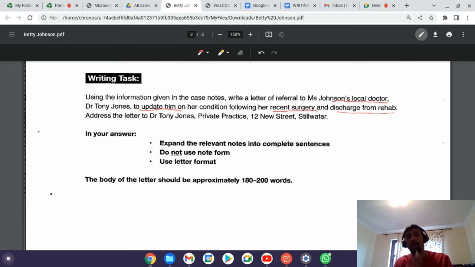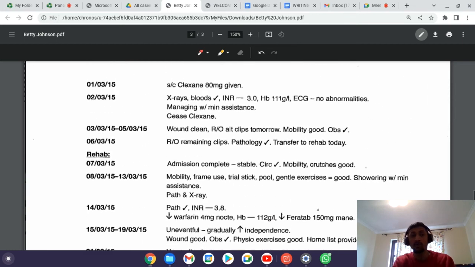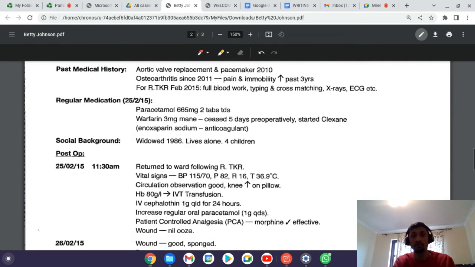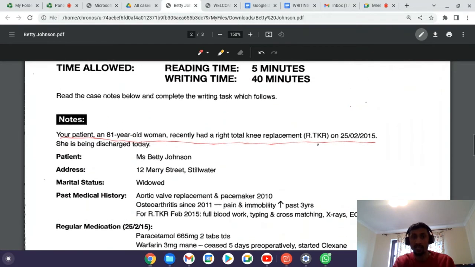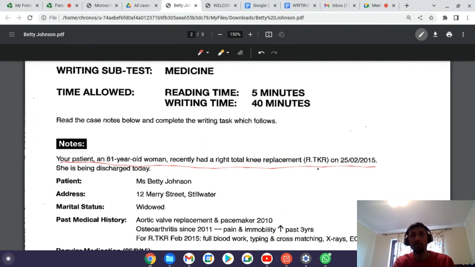When it comes to time management, the case note will be given to you just before the start of the exam, and you have only five minutes of reading time. In that time you read only the first line, then immediately read the writing task.